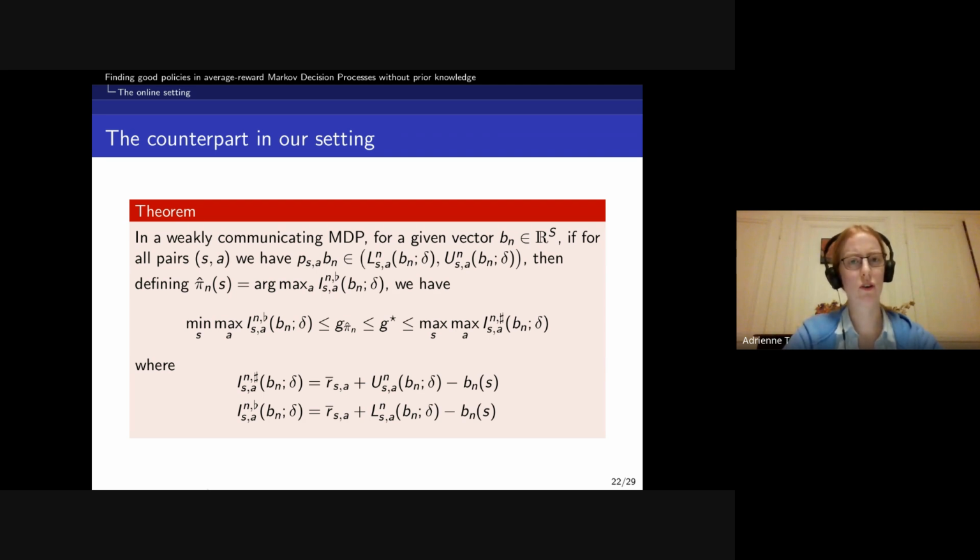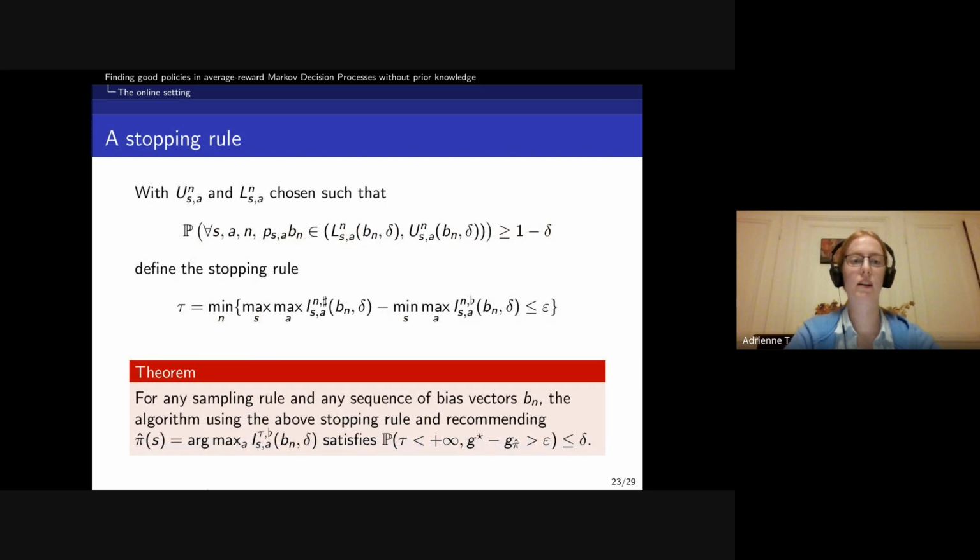And so with that, we can craft a stopping rule. If you take U and L chosen such that LU is a confidence interval with probability 1 minus delta, then you can define the stopping rule that the span of the I's is smaller than epsilon. Remember, I sharp is an upper bound of LV minus V, and I flat is a lower bound of LV minus V, which means that the max of the I sharps minus the min of the I flats is going to be an upper bound on the span.